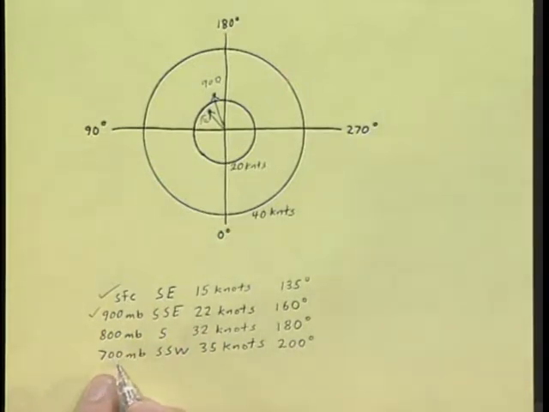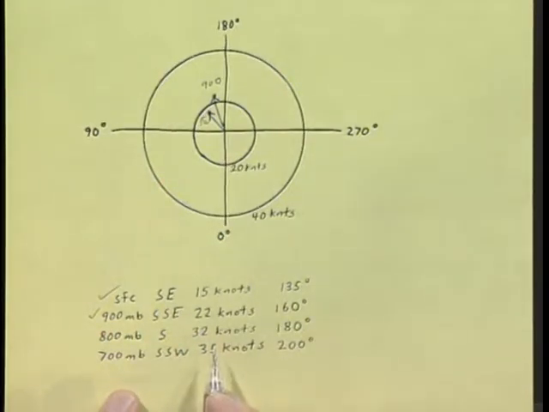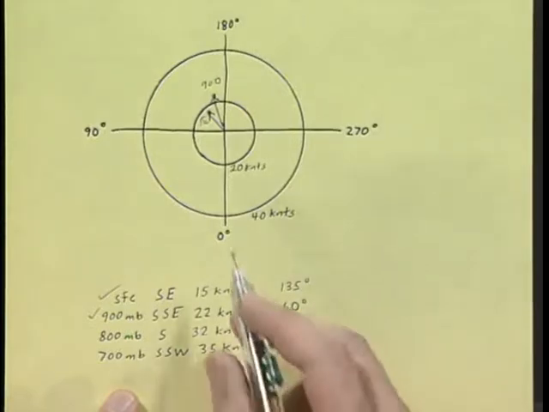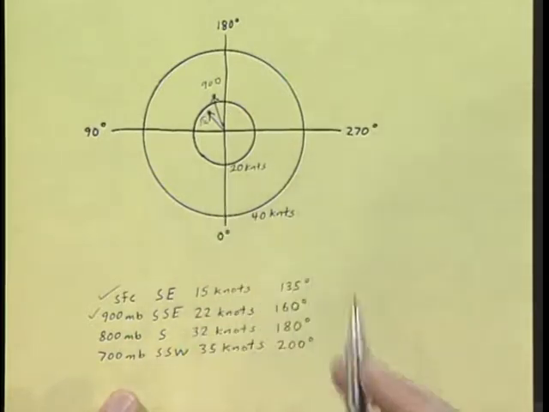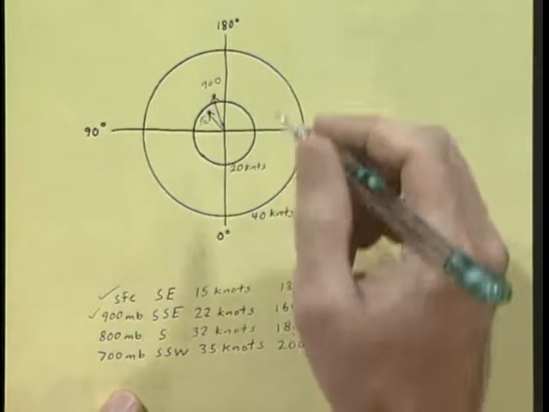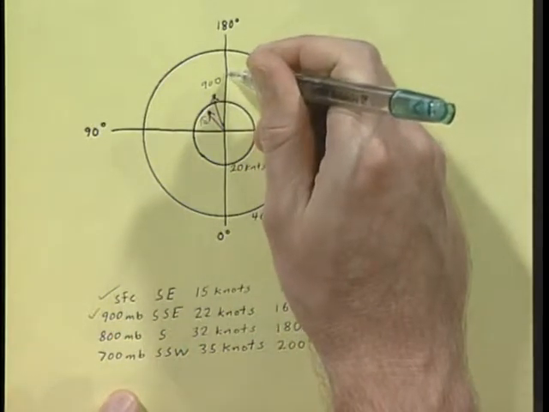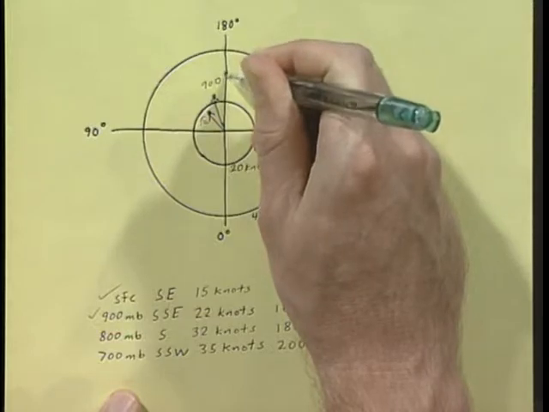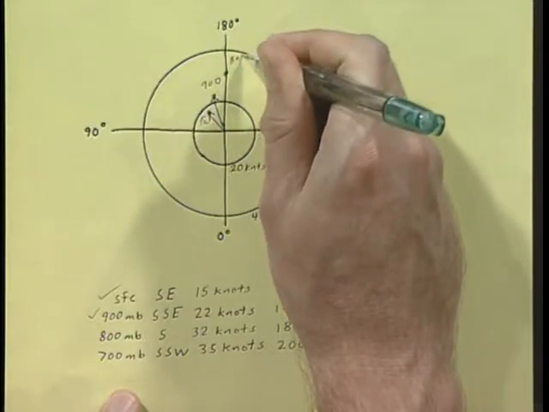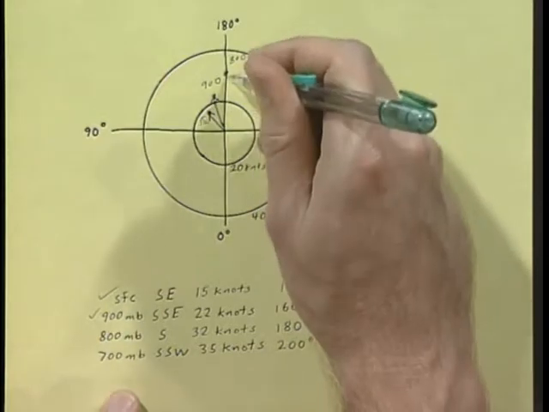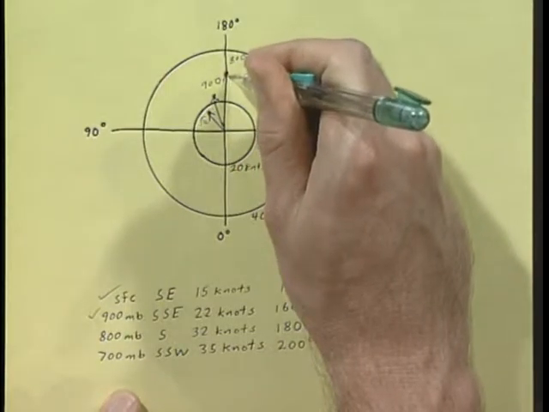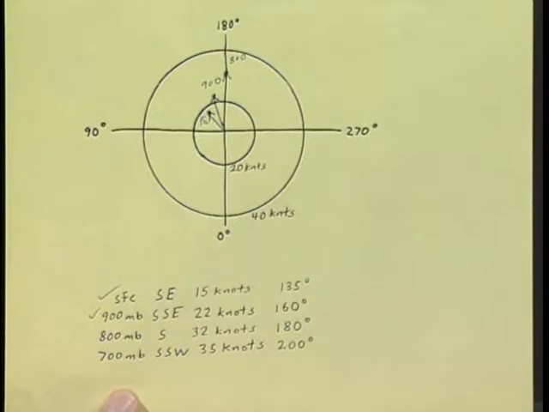We got 800 millibars is from the south at 32 knots. So 32 is going to be about in between these two speed rings, but a little bit closer to 40. So we'll put it in about this position here. This is 800 millibars, and the vector will be right on this 180 degree line with the end of the vector on our dot there.